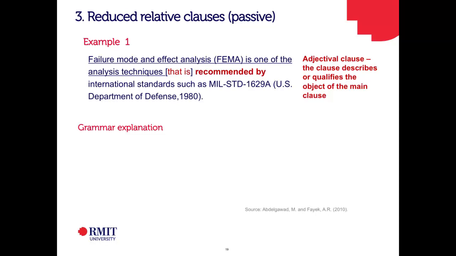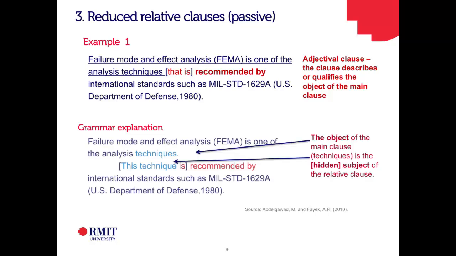The clause that follows cannot stand alone because it does not have its own subject. If it did, the subject would be the object, that is the last part of the main clause. For example, in this example, techniques. We can leave that is in the sentence, or we can take it away so that the relationship becomes even closer. Pause the video if you want to look at this more closely.